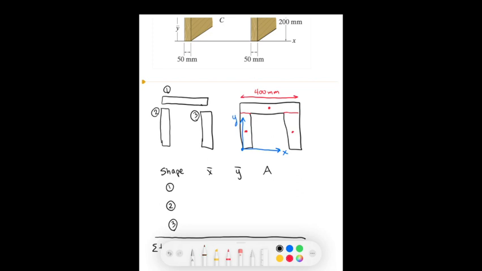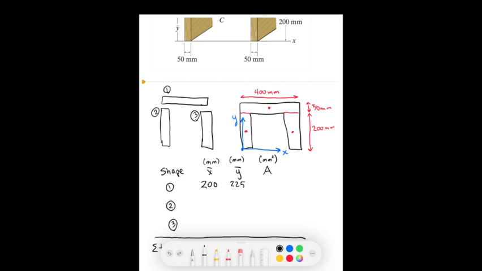So for shape 1, x bar is 200. The y bar is going to be located in the middle of this piece, and this is 200 millimeters, and this is 50. Half of 50 is 25, so it's going to be at 225 millimeters.